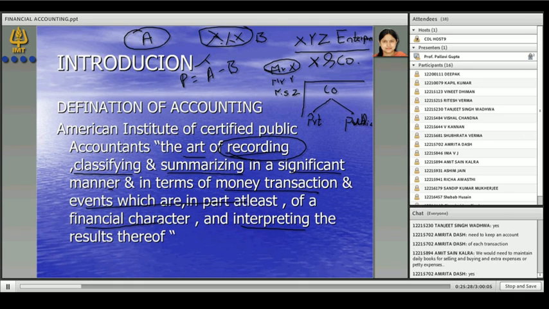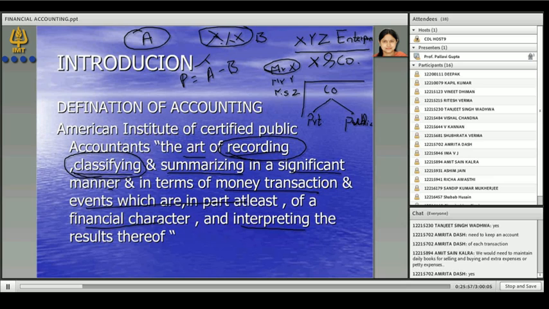That finding out is done in an organized manner, which is called ledger posting, called classifying. That is, we classify all the transactions into various heads. How much cash we received, how much cash we paid, how much we paid for labor, how much we paid into the bank account, how much we paid for raw material, how much I received from my customer. This function is called classifying.